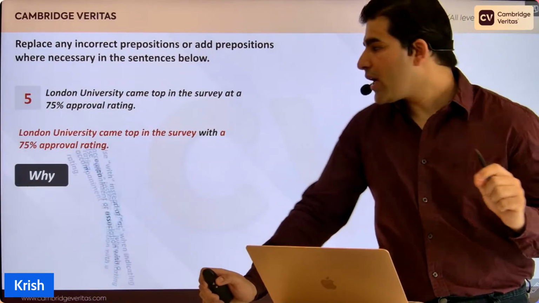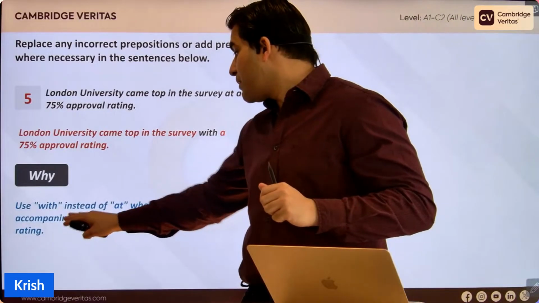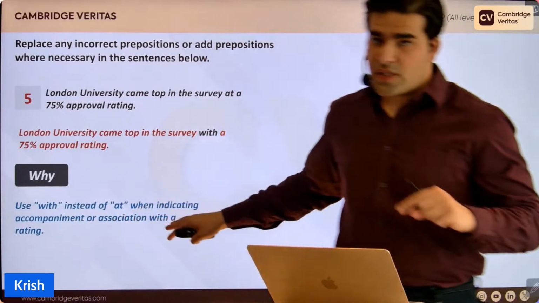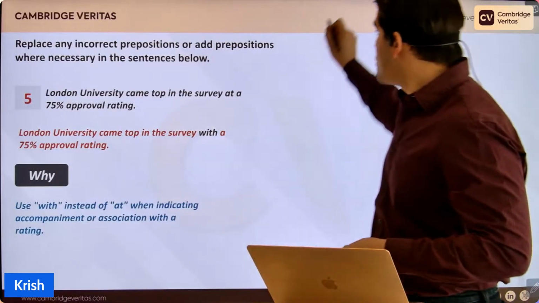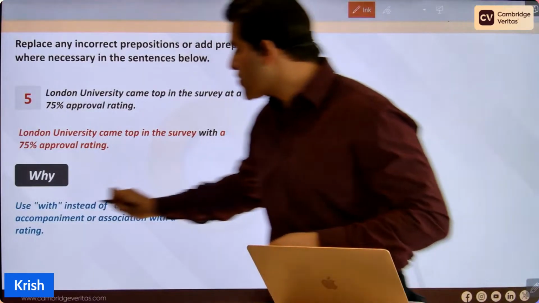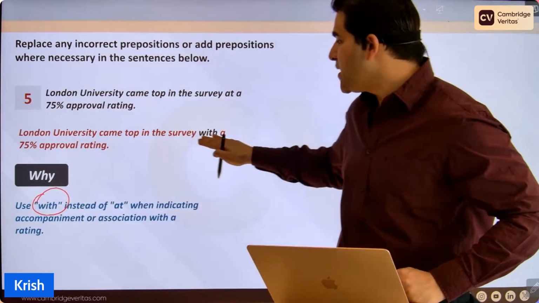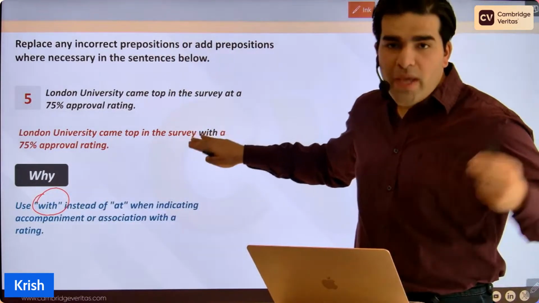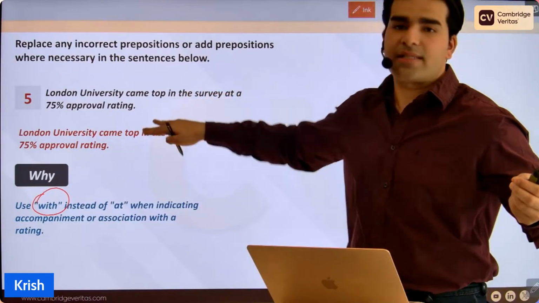So whenever you're talking about association or accompaniment or association with a number, percentage, etc., we always use with instead of at. So the correct answer is with a 75% approval rating, not at a 75%.